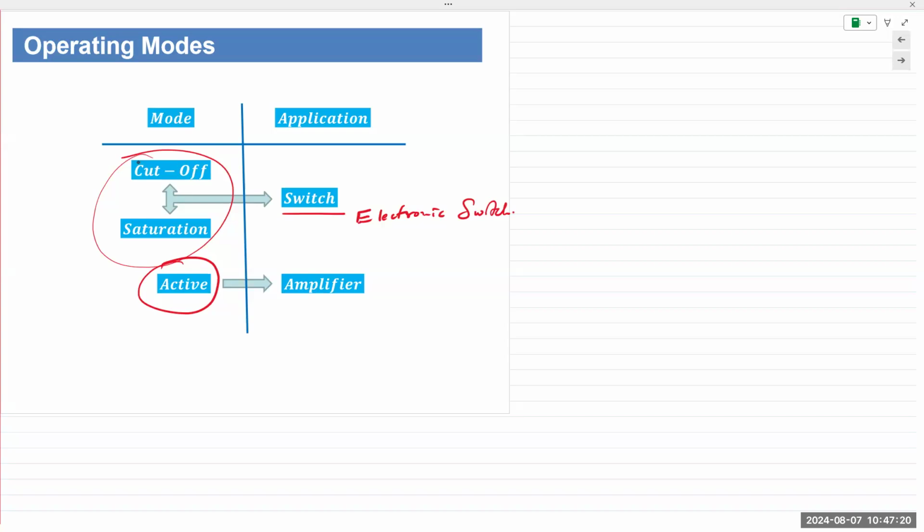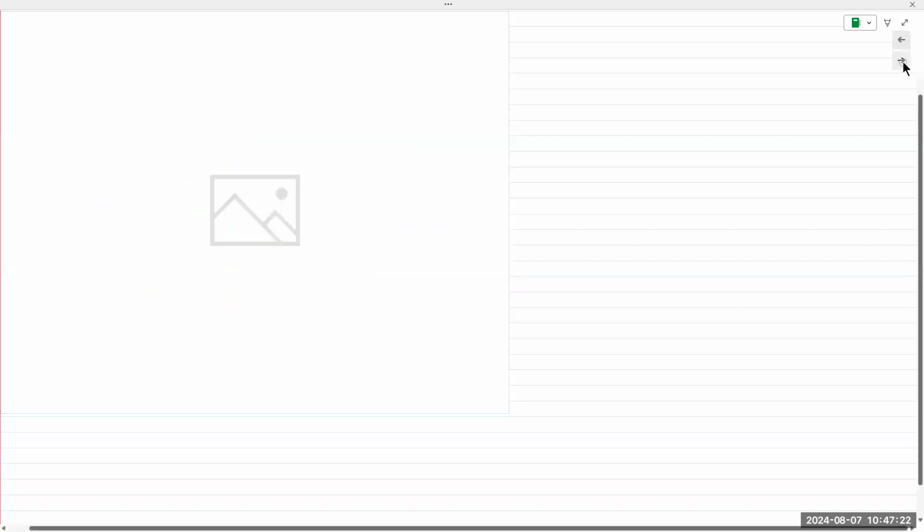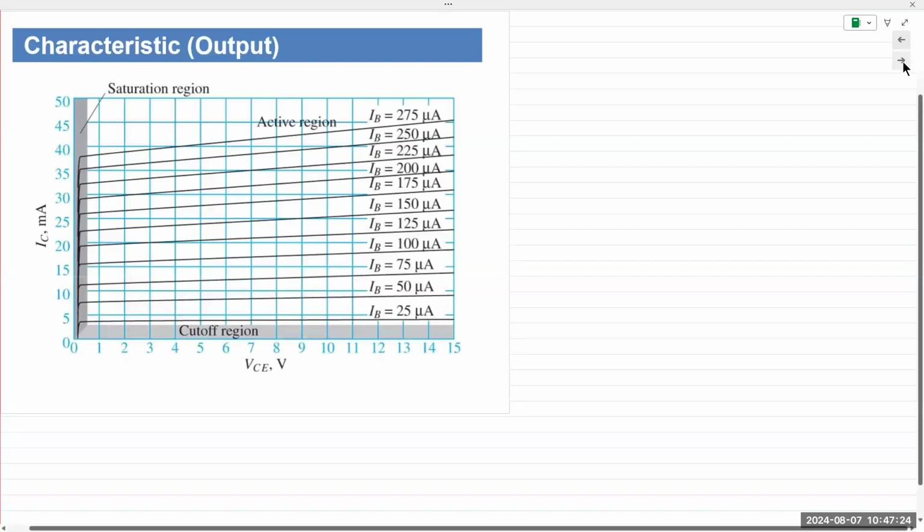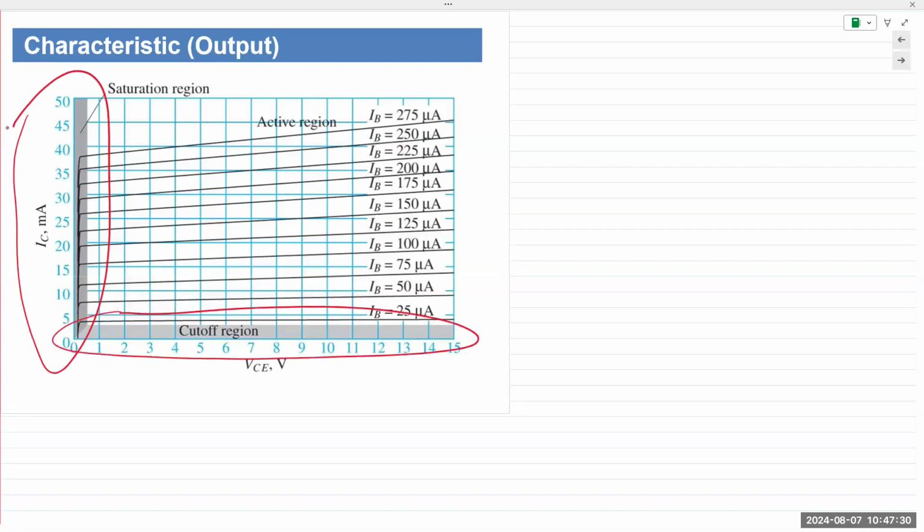These regions plotted on a characteristic look like this. You have the saturation region on the far left, the cutoff region right here at the bottom, and everything else is the active region. Cutoff region means, as the name suggests, very minimal current flow. Everything goes to 0 or as close to 0 as possible.